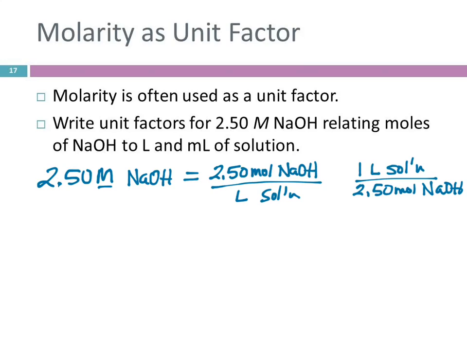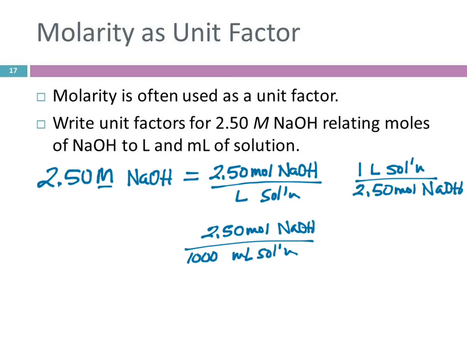How would I express that in milliliters? How many milliliters are in a liter? 1,000. Okay, so what if I did this? 2.50 moles of sodium hydroxide per liter of solution, right? It's the same thing. But what if I say 1,000 milliliters?